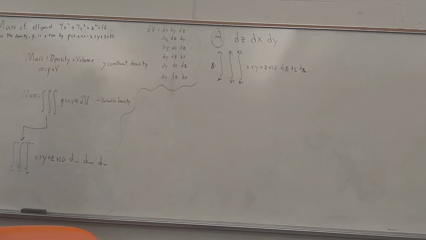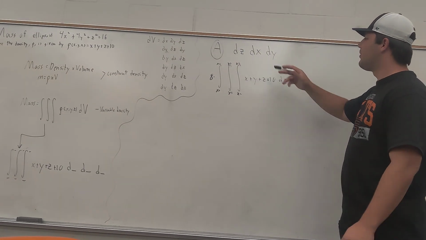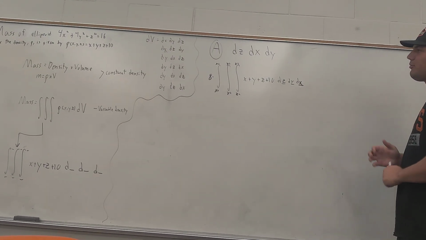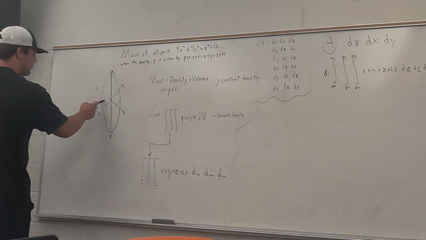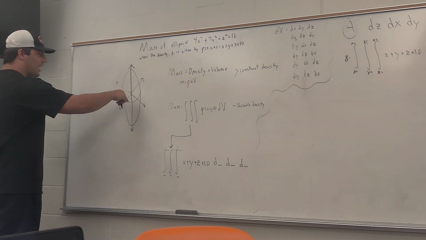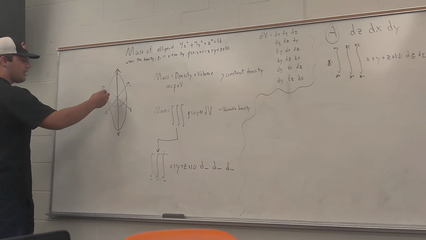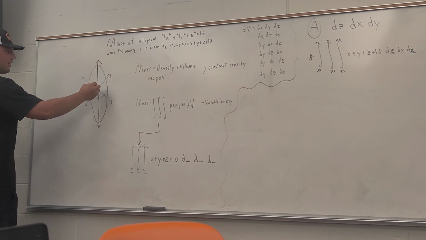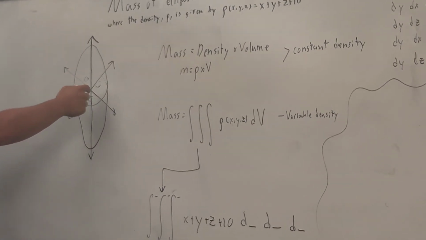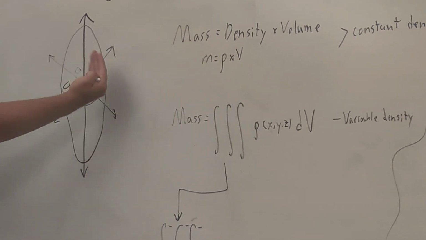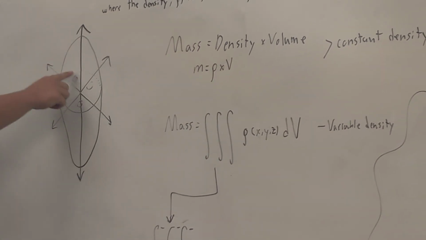And letter A asks us to solve it for dz, dx, dy. To make finding the limits easier, if you look at this ellipsoid I drew out with three axes, you can see it is split by these axes into 8 different parts.